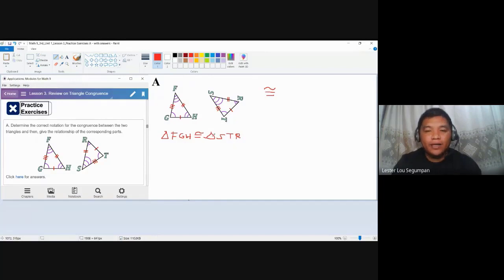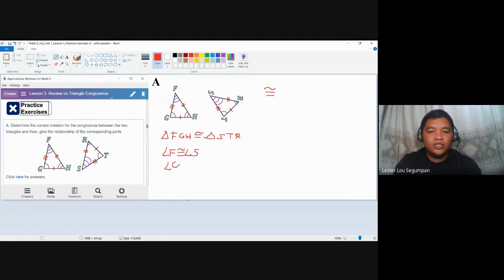Out from this, if you could already come up with this notation, you don't need to return to the given figures that may confuse you more. You may use this to come up with your relationships of parts, sides and angles. So you'll have angle F is congruent to angle S, the first vertex on the other side.